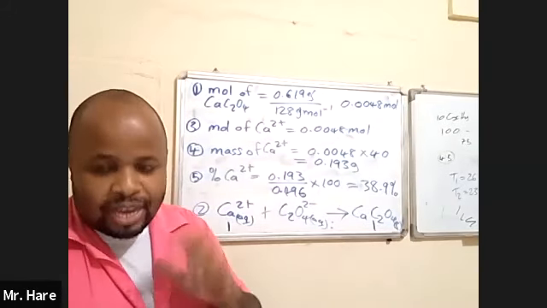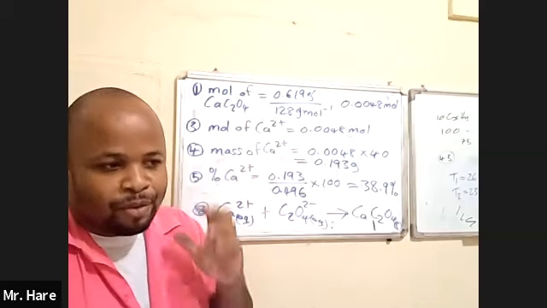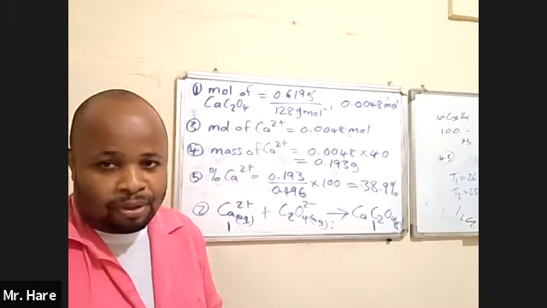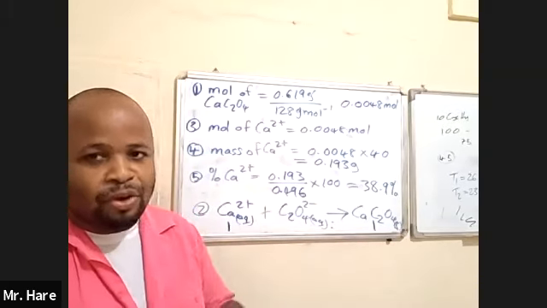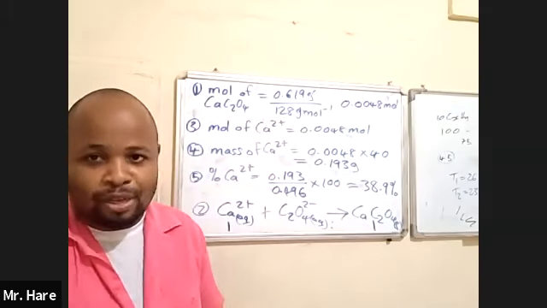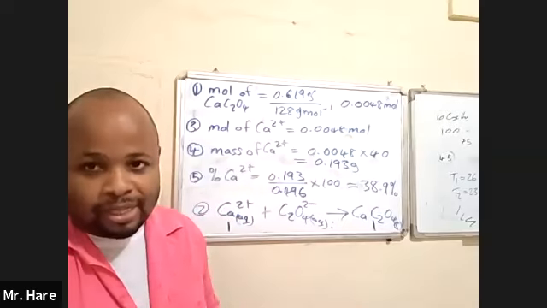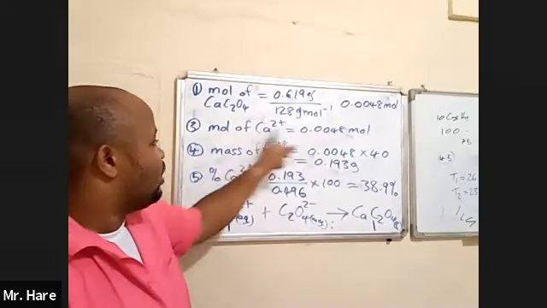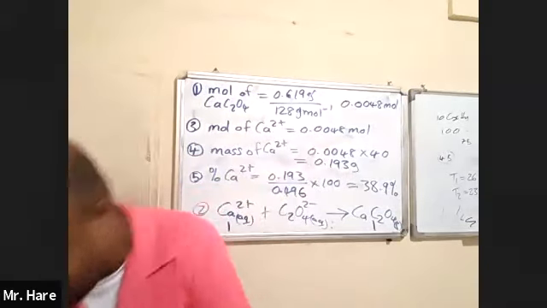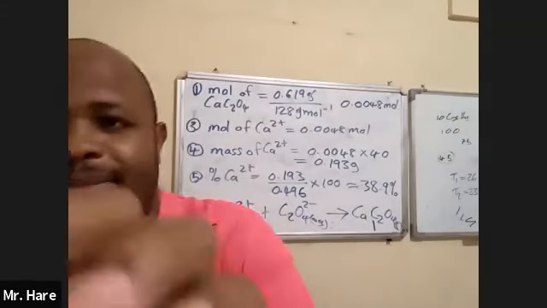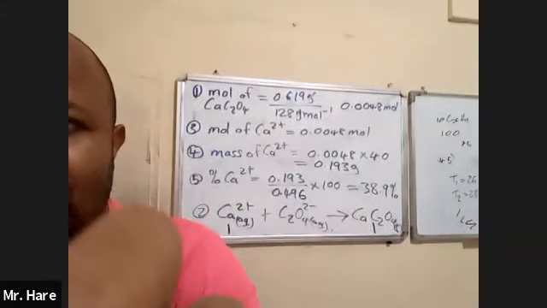Where they gave you the mass of the sample, they would have given you a volume for the sample. So let's say 20 mL.